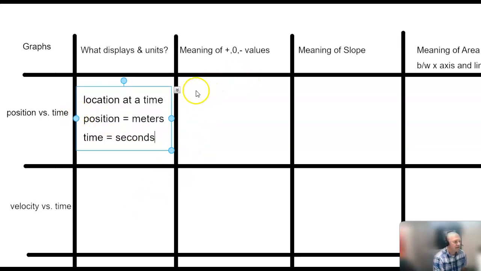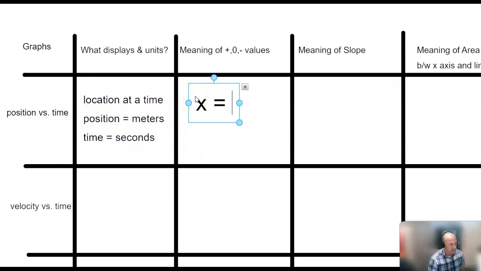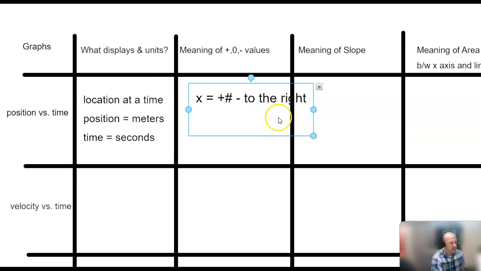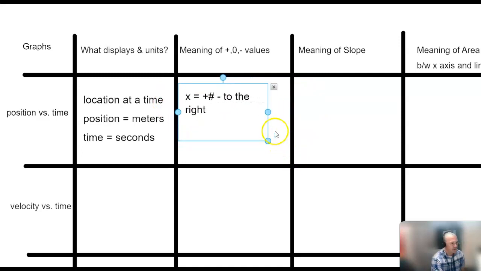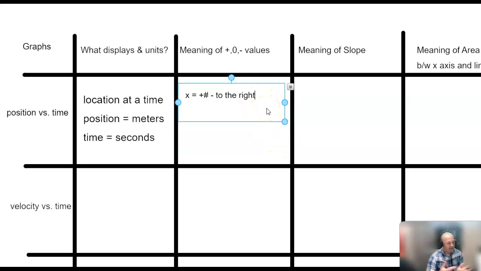The meaning of the zero, so if you had values for x is equal to a positive number, or x is equal to a negative number, or x is equal to 0. If it's a positive number, that means you're to the right of the origin. So positive just means right of the 0.